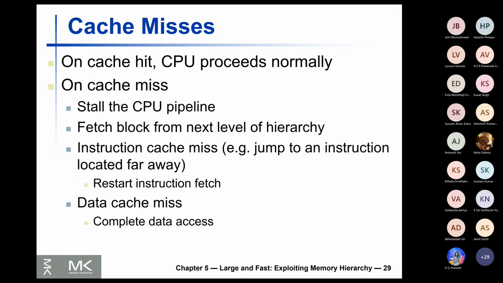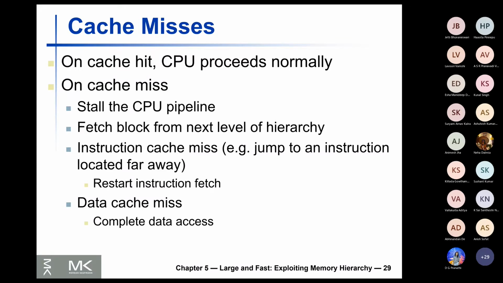Till now, the way I have described the cache, I have described everything as if a search for a piece of information is happening in the cache, whether it is there or not. If it is there, it is returned to the CPU immediately, to the actual execution part of the CPU. If not, there is a miss, and then there is the question of what to do on a miss.